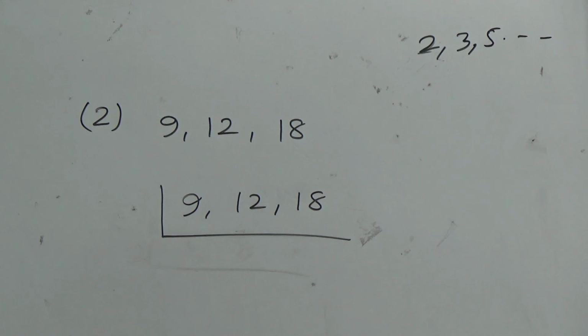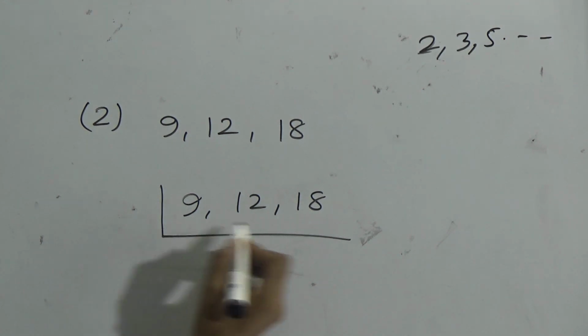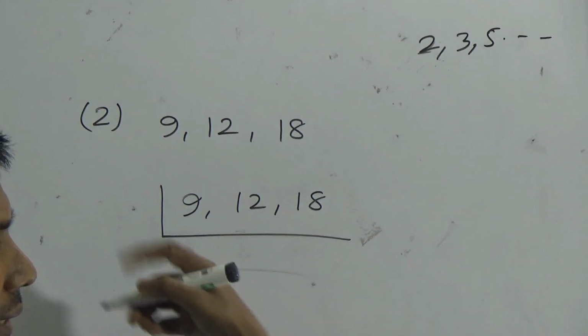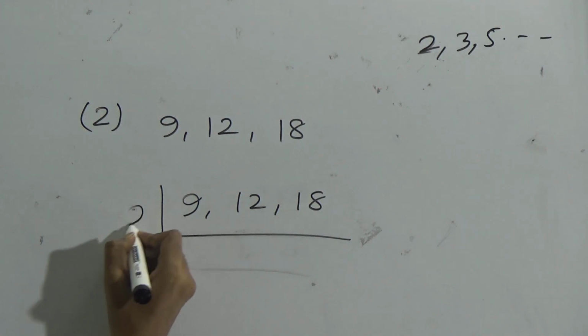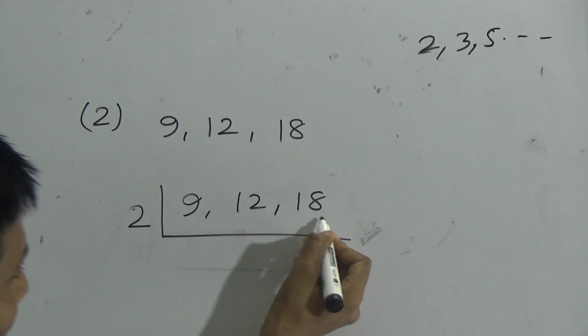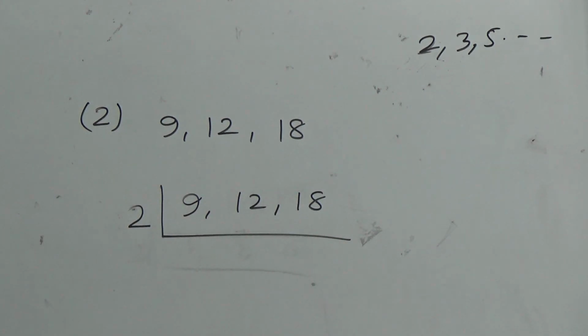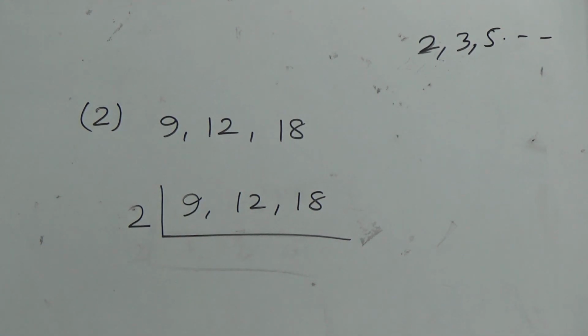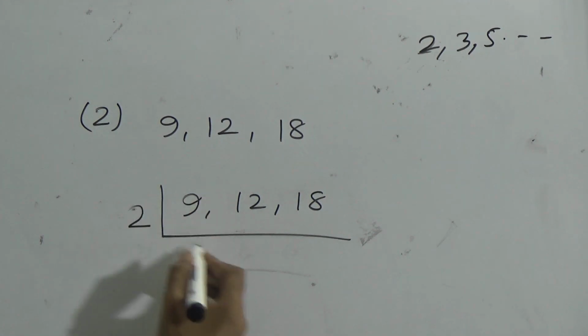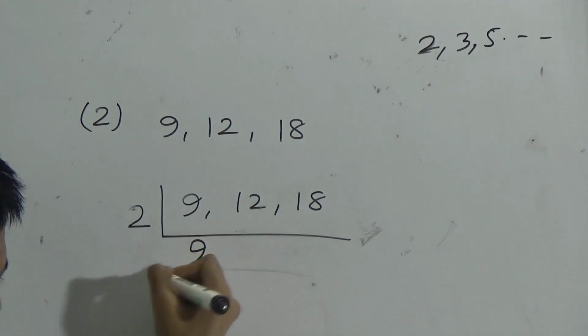You have to select a prime number so that at least two numbers are divisible by it. If you select 2, then this number and this number are divisible by 2. If you divide 9 by 2, it is not divisible, so this number remains the same.